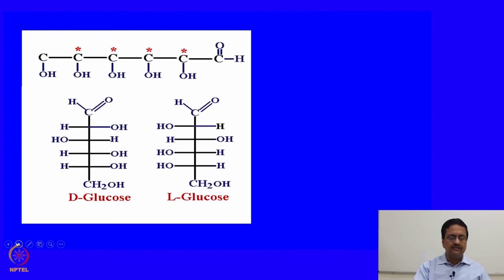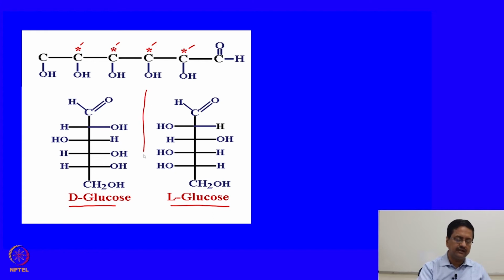So now when we talk about glucose, you see that this molecule has 4 chiral centers which are marked as stars. The way we try to draw this in a Fischer projection is shown here, and there are 2 different forms of glucose, D and L, and these 2 are basically mirror images of one another.